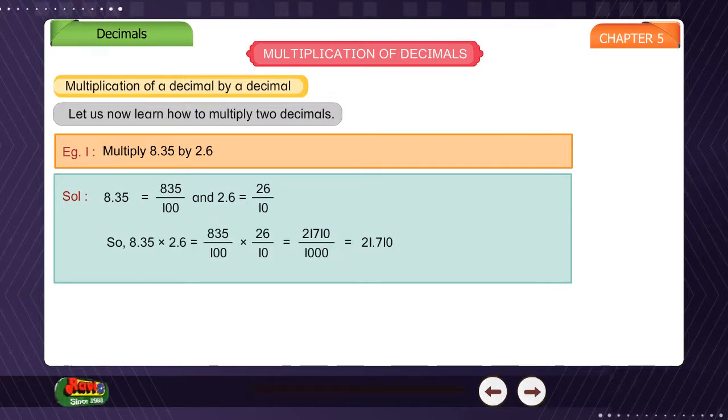So, 8.35 into 2.6 is equal to 835 by 100 into 26 by 10 is equal to 21,710 by 1000 is equal to 21.710.